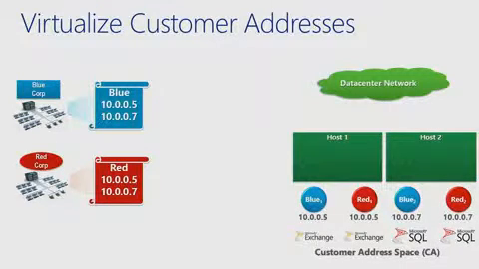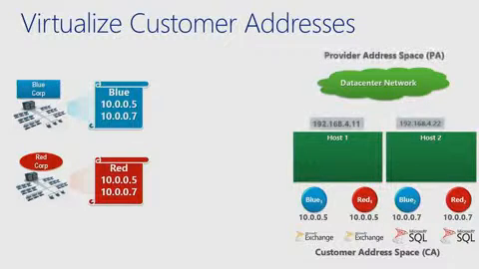We want to move them across to our shared infrastructure, and you'll see that Blue 1 and Blue 2, we're going to coincidentally sit them alongside Red 1 and Red 2 on those different hosts. So you think if they weren't using VLANs, there would be a conflict. If they were using VLANs, we'd provide that isolation, but VLANs are a little bit more restricted than what we're providing in network virtualization.